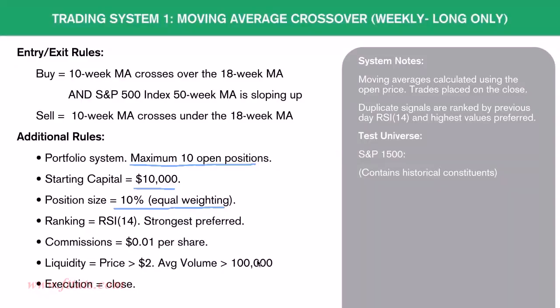In terms of ranking duplicate signals, if we encounter more than one signal, we're going to prefer the stock that has the highest RSI 14 value, which stands for the Relative Strength Index indicator, and our value here will be based on the previous day's RSI. And if you're wondering why we need this ranking, well, it's because sometimes we'll see several stocks making moving average crossovers, so we need a way to choose between those signals.